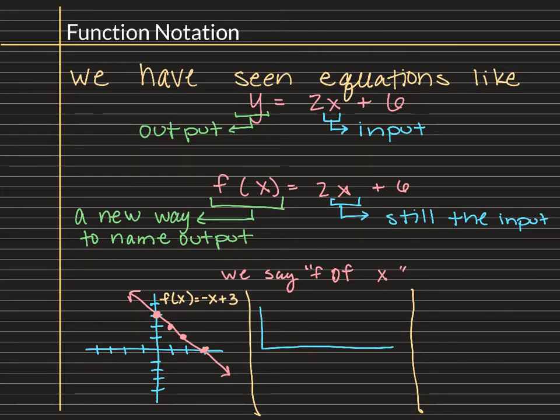Another form is your input and output table, except instead of using x and y, you'll use x and f of x. And then lastly, just the notation itself. So f of x equals negative x plus 3. All of these are different representations of the same function, and now using function notation instead of the standard notation of x and y.